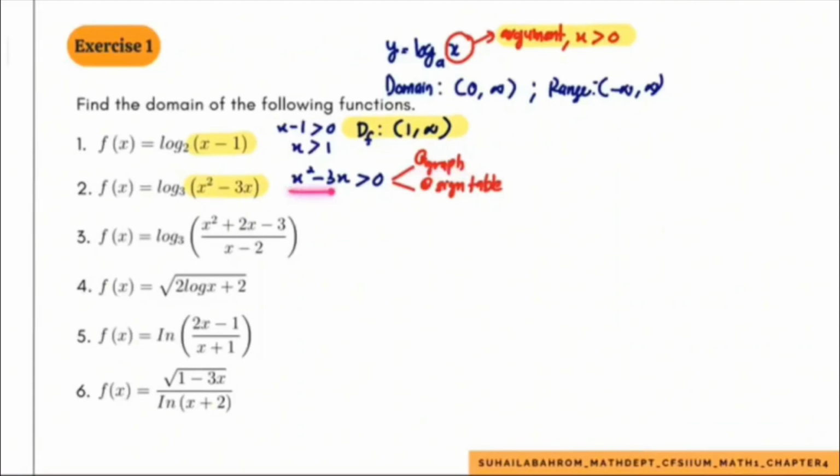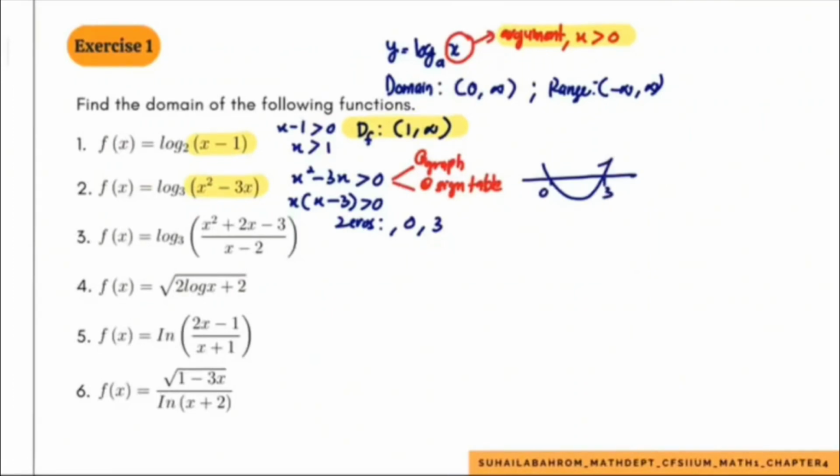So we have x squared minus 3x. Before we proceed with the graph, we have to factorize the term completely. We get x times x minus 3 greater than 0, and from here we get two zeros, which are 0 and 3. From those two zeros, we draw the smile graph, because a is greater than 1, and our zeros, the lowest is 0 and the highest is 3.